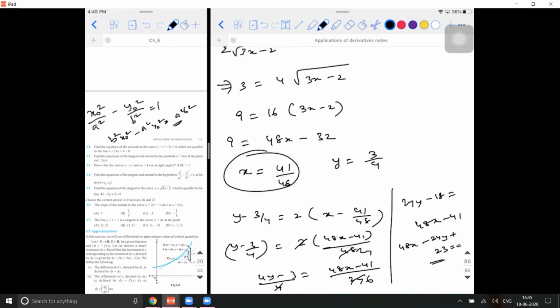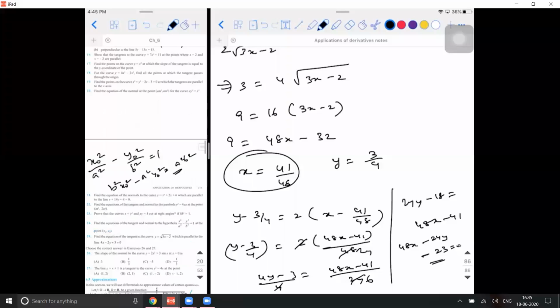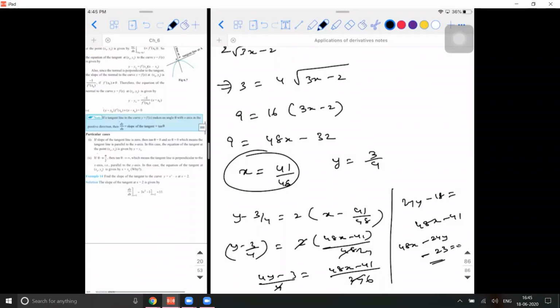So minus 23. This is minus 41. Oh, it is there on this side. Okay. Minus 23. That's it, right? So these are all the problems. The homework problems you can try.